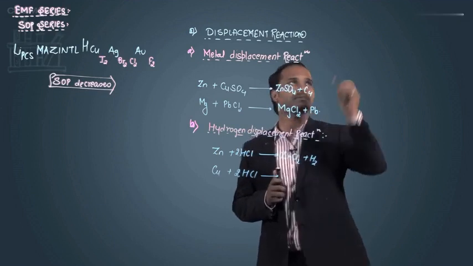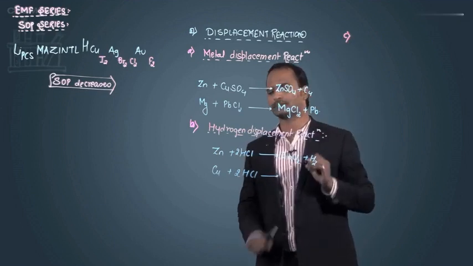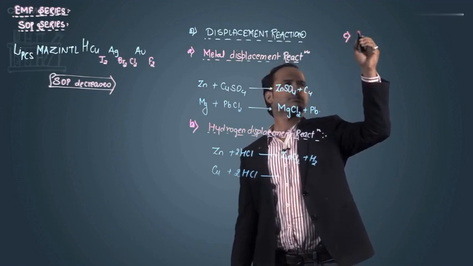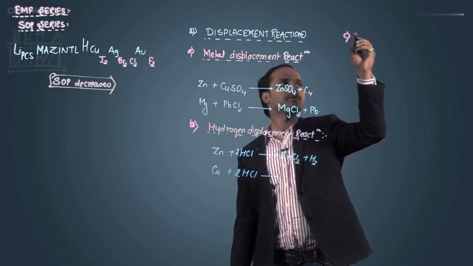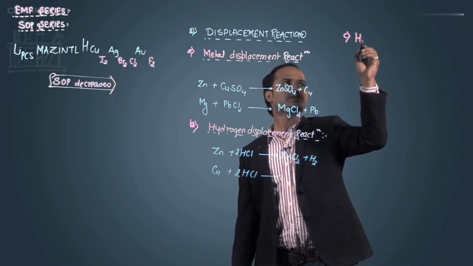Then the third one we have is the halogen displacement reaction.